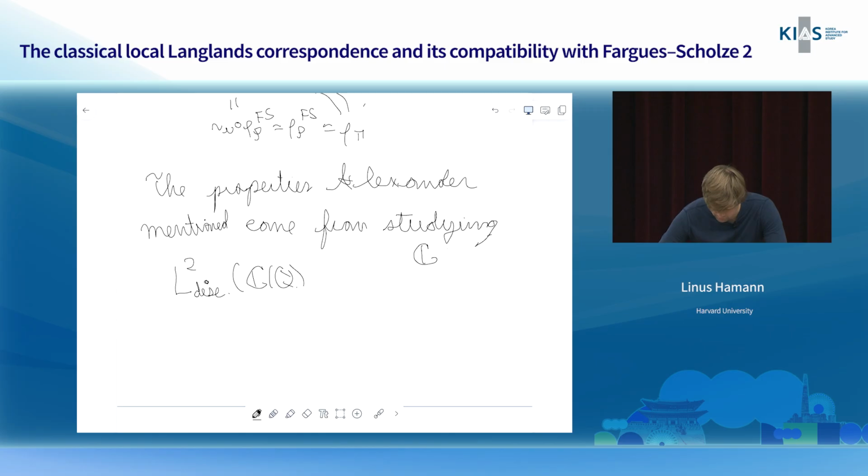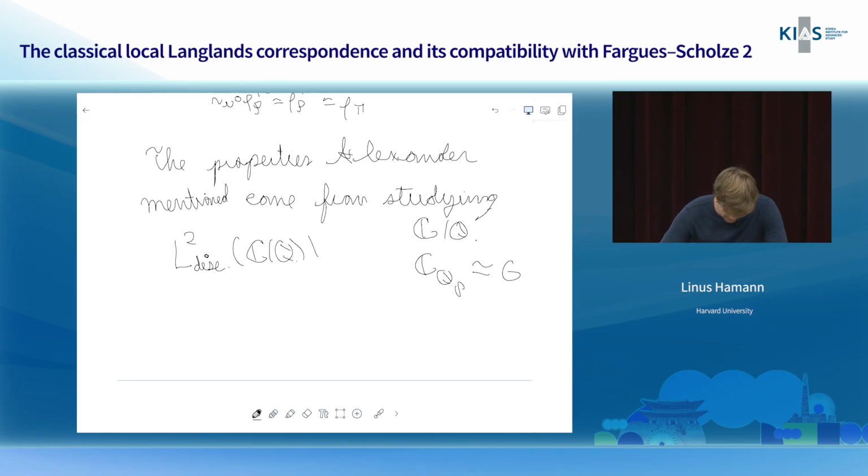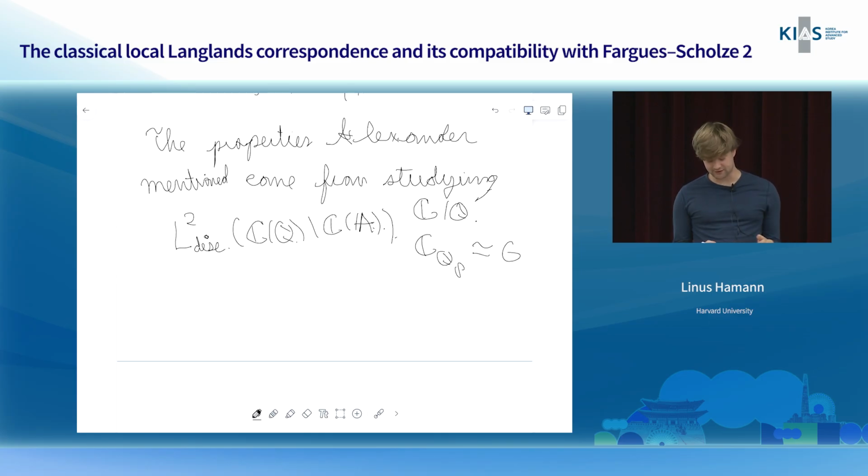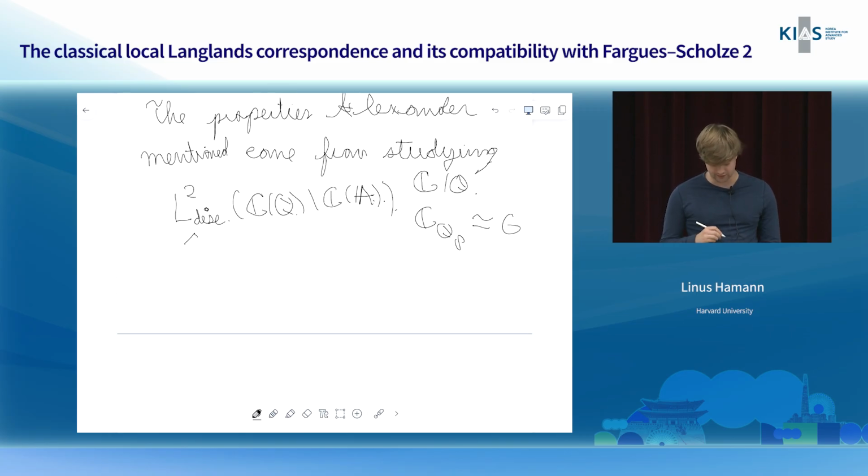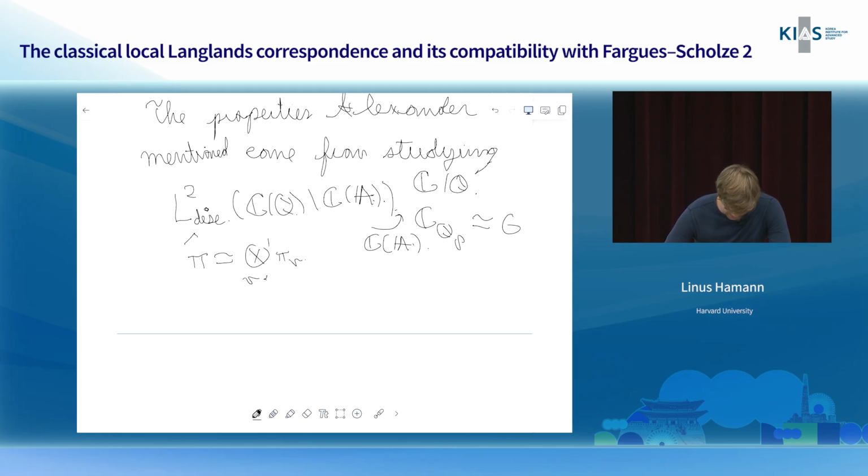We consider some group G over Q, such that if I base change G to Q_p, I get this group G. And then I consider this adelic quotient over here. This is some space equipped with some kind of measure on it. You can make sense of some L2 space, and then you can consider the discrete portion of that. That's built from some representations pi. So G of A acts on this, and this is built from some restricted tensor product of representations pi_v, which are like the ones you saw before.